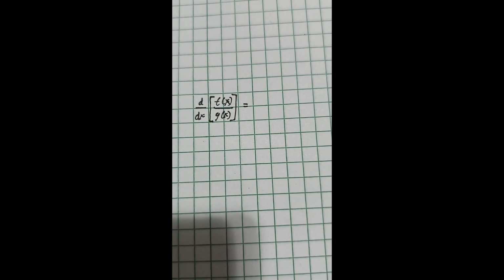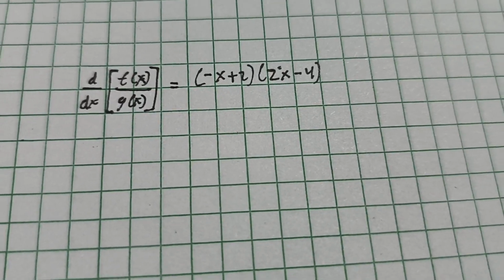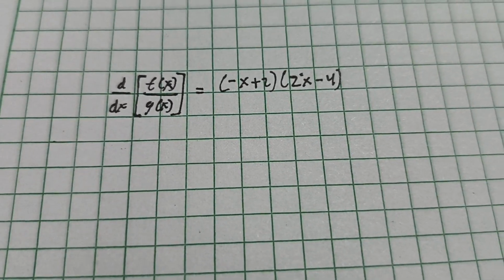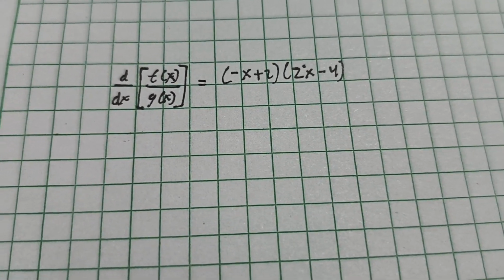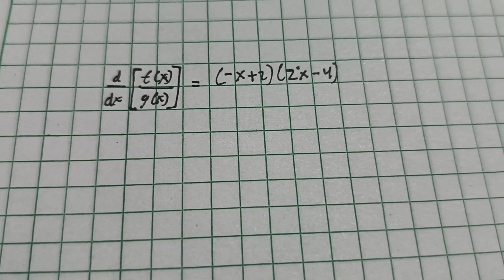So now let's try looking for the derivative of f of x divided by g of x. So first we get g of x, which is negative x plus 2, and we get the derivative of f of x, which is 2x minus 4.